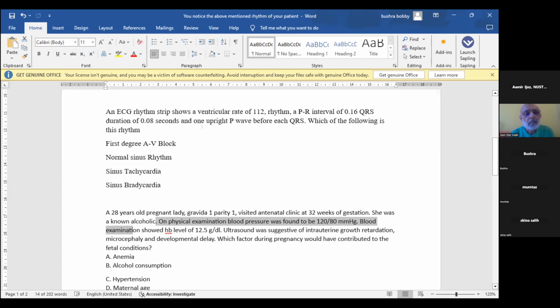Which of the following rhythms is this? Students need to interpret these options first. So basically here we are simply interpreting the ECG findings. It's not related to any clinical scenario.